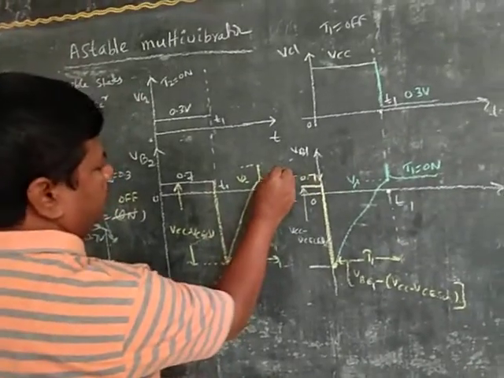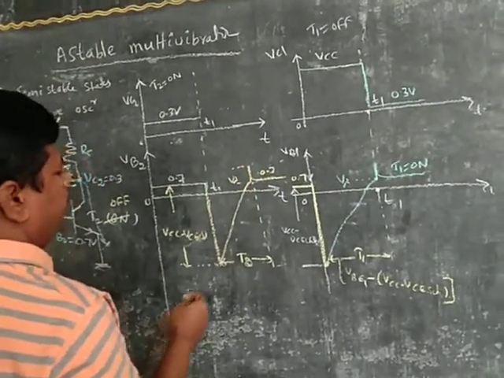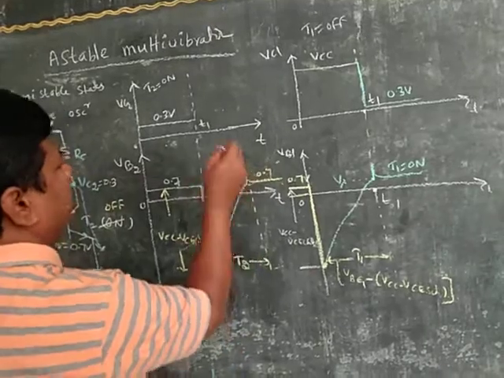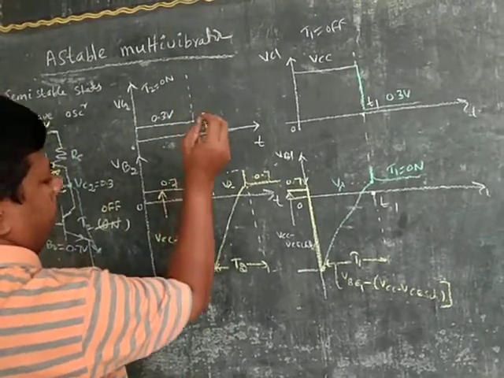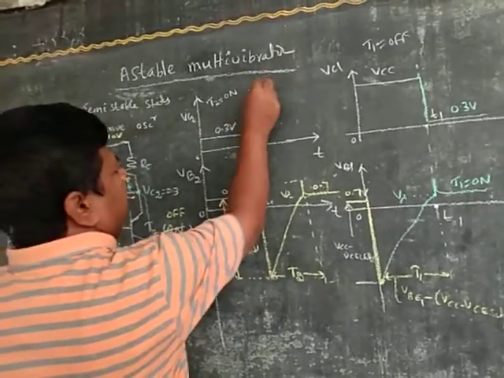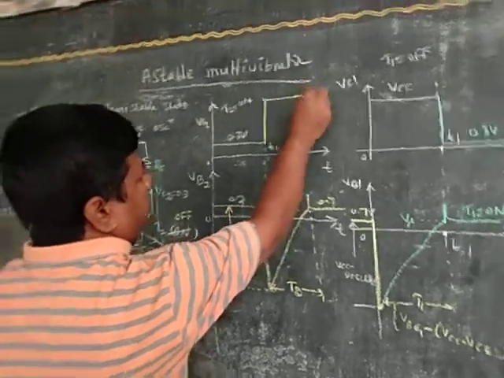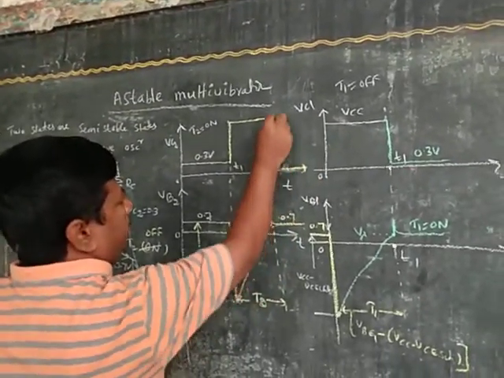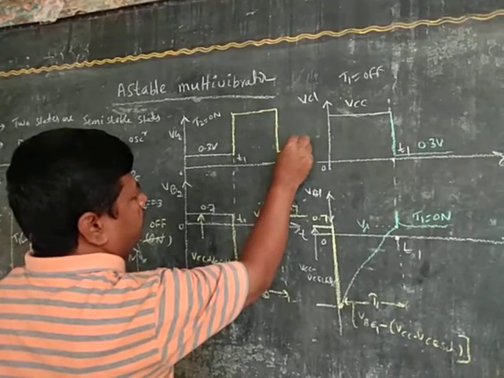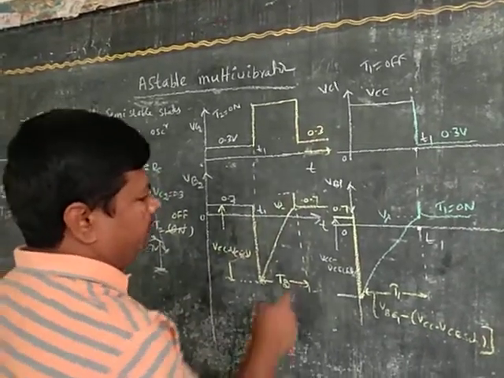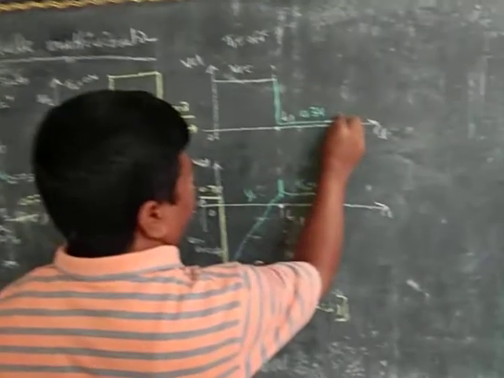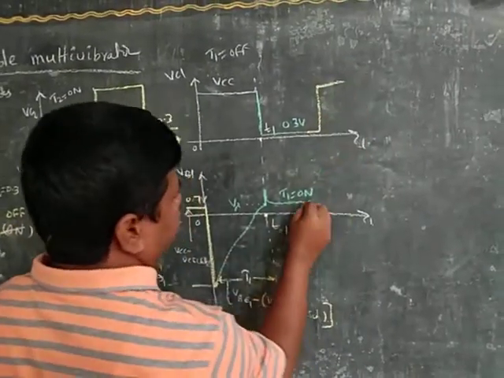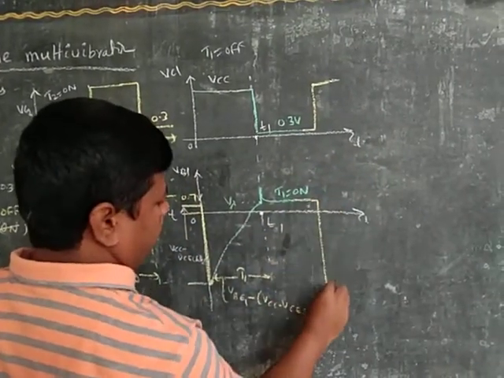When T2 is on, its base voltage is 0.7. Off means it is VCC, then after that it comes down to 0.3. When it is on, again it will enter into off, and again it will come down to negative.